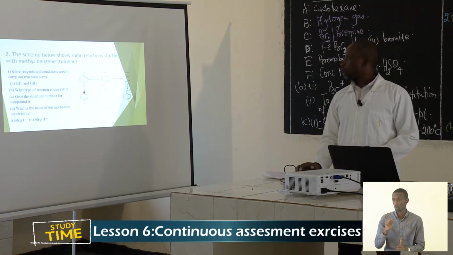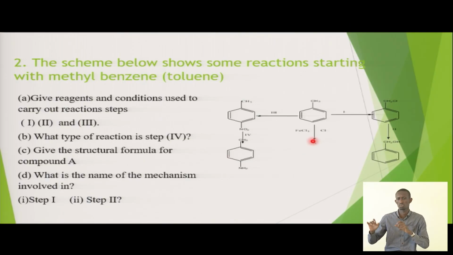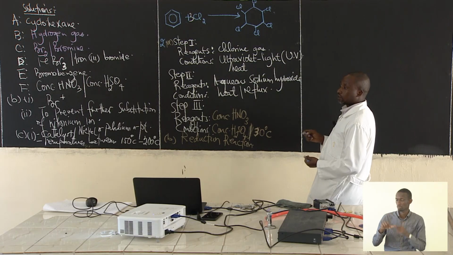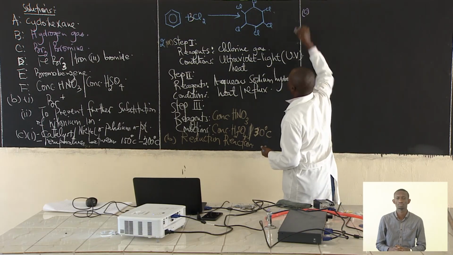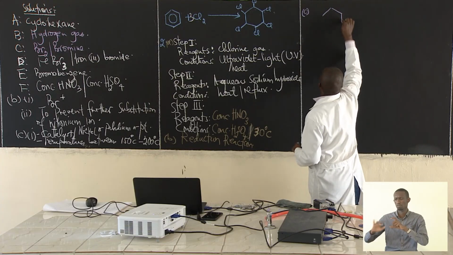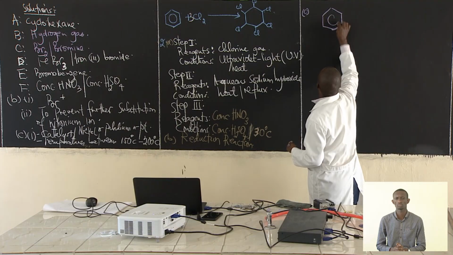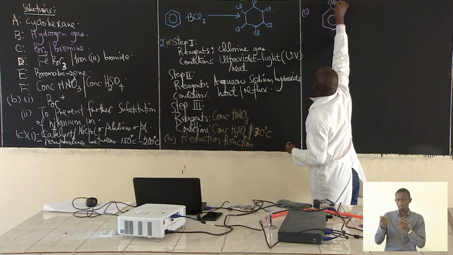Give the structural formula of compound A. This is compound A here, where methyl benzene is reacting with chlorine in presence of iron 3 chloride. So we see the substitution taking place. We had a methyl group here.